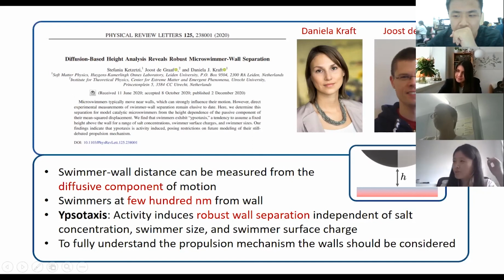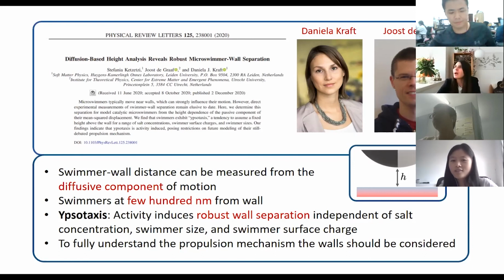Also, a small question: when you add a lot of salt, when the salt concentration is high, did you see the particles stick on the slides too? That's a good question. Yes, eventually.